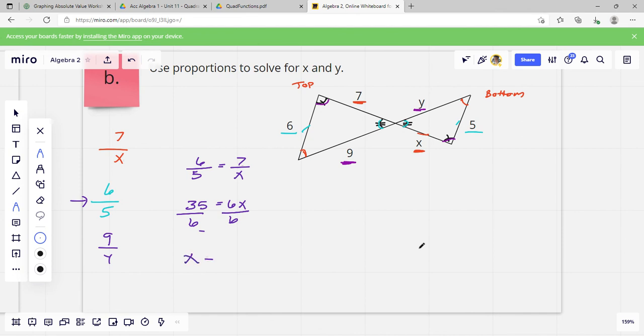X equals 35 over 6. Yes. And then for y, I'm going to do 6 over 5 equals 9 over y. 9 times 5 is 45 equals 6y. Y equals 45 over 6. Oh, I think they just reduced that. So if we divide by 3, we would get 15 over 2. There we go.